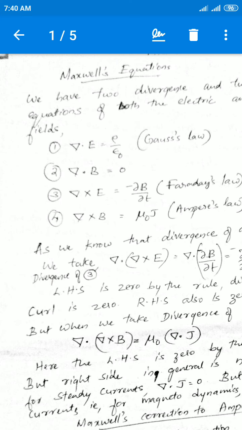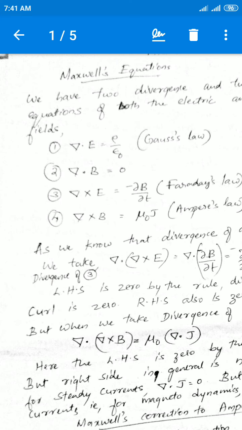So this is the divergence of electric field. Now what is the divergence of magnetic field? That is the second Maxwell's equation, which is equal to 0. Del dot B is equal to 0. This is not named with a law. This just says that no magnetic monopole can occur.